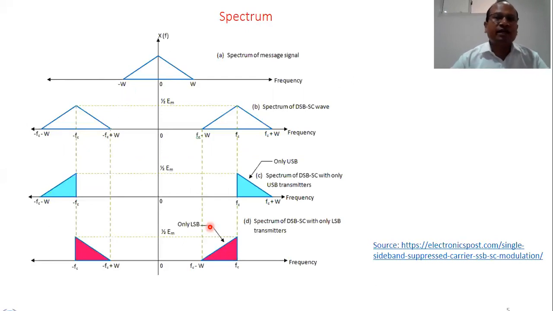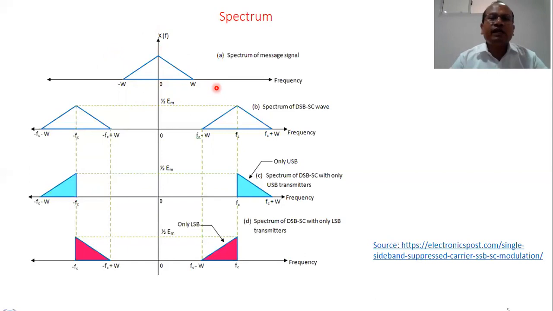This particular slide demonstrates the spectrum of all the different possible combinations. electronicpost.com is the source from where the spectrum has been copied. You see here, for example, the spectrum of the message signal extends from minus W to plus W. Minus W to W is the total band, or bandwidth, where the message spectrum is lying.